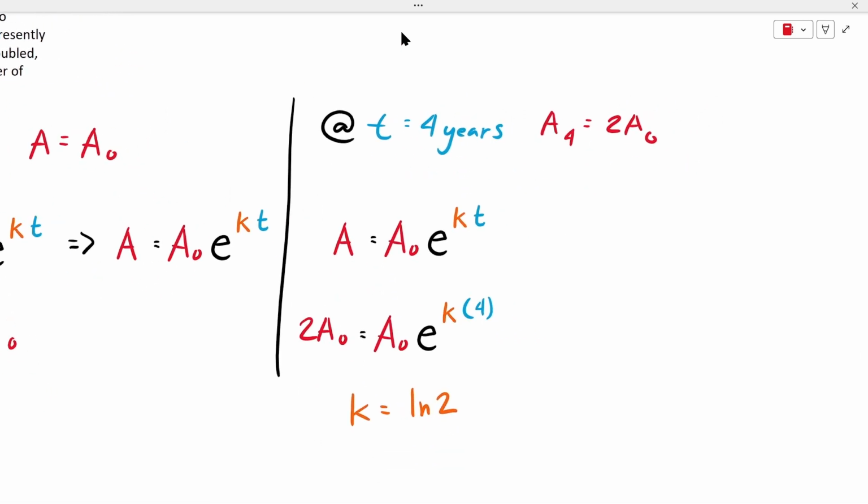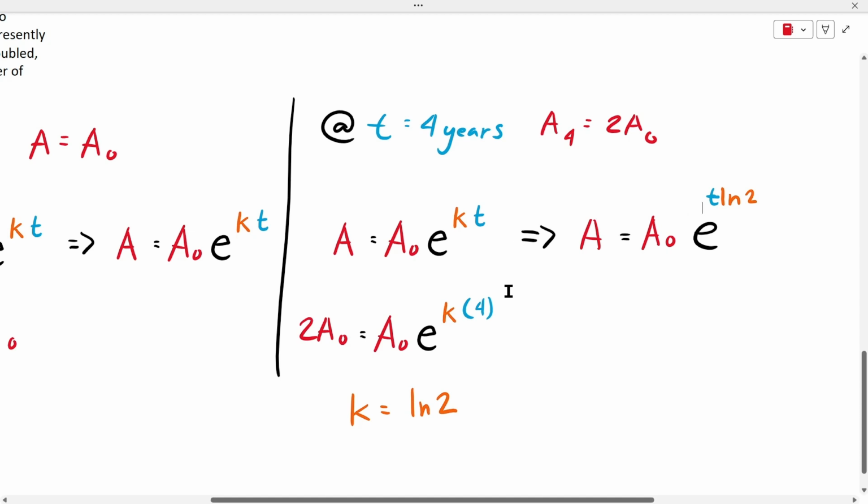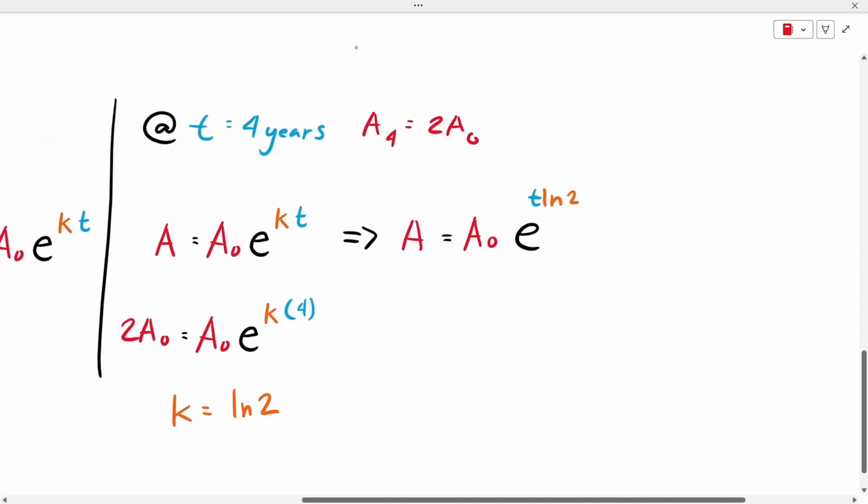Now, our new equation or formula here will be A equals A sub 0 times e raised to ln of 2 times t, or we can say t ln of 2. This will be our new formula here.